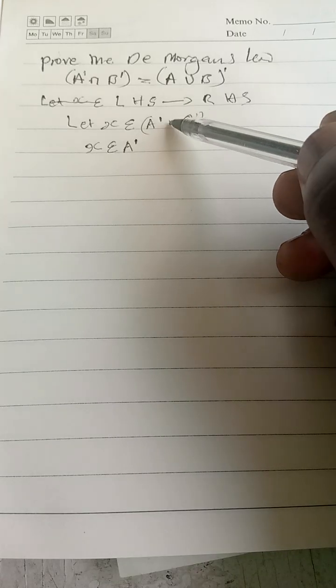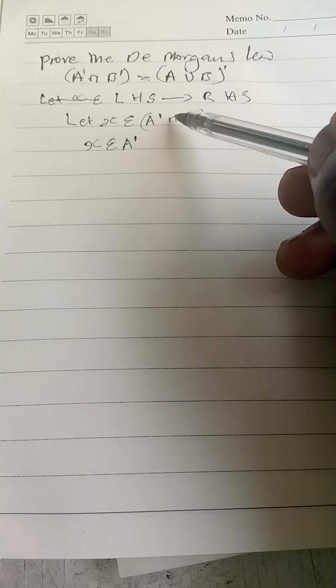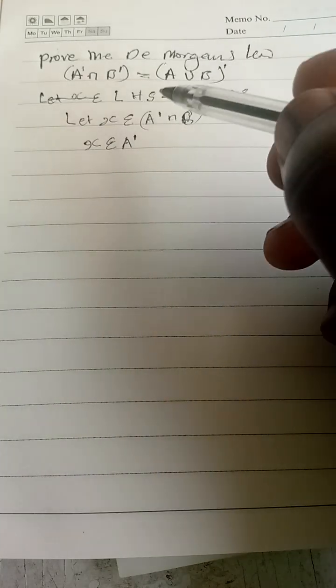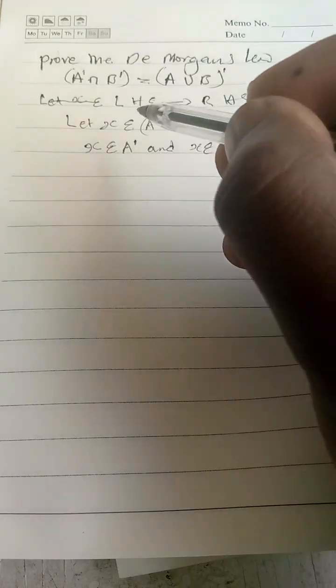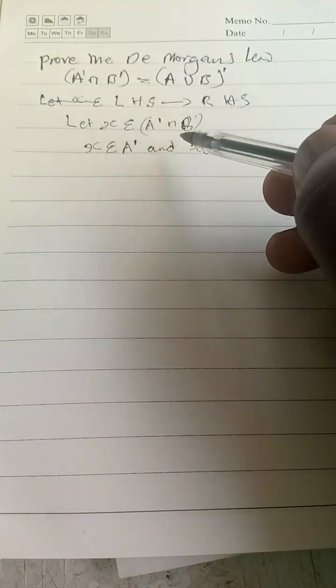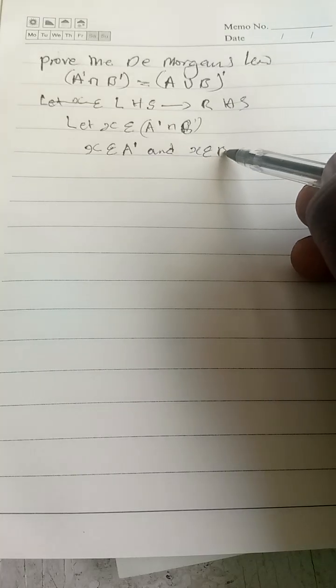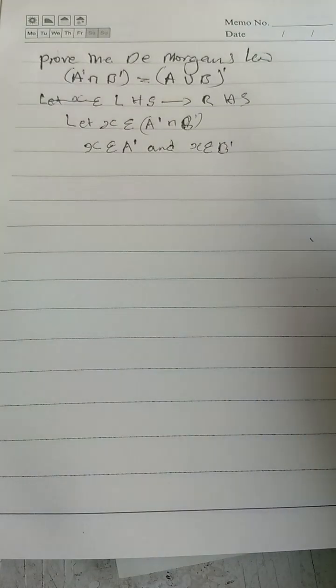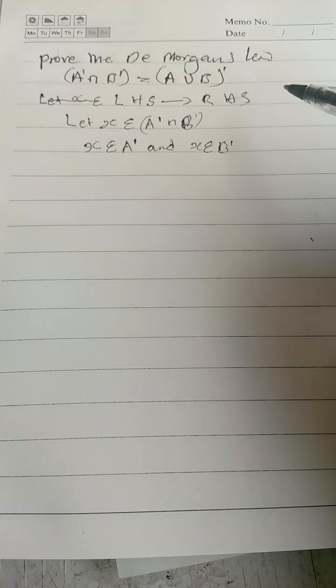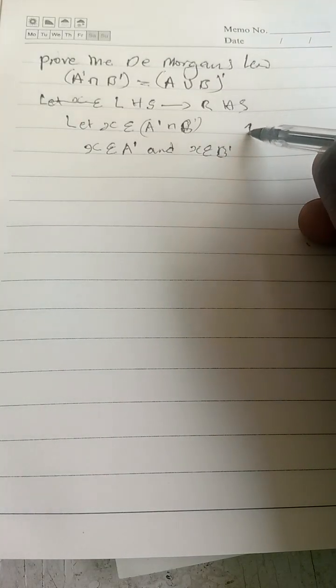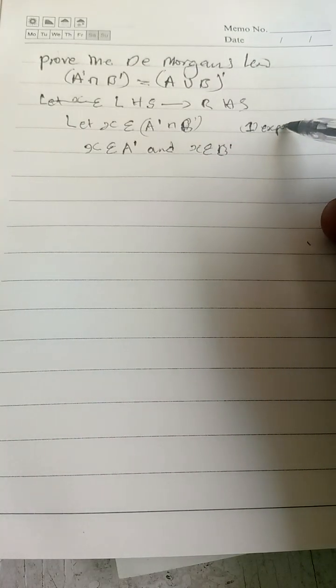So when you remove the n inside the brackets, it becomes and. Then x is a member, and since we're expanding, we need to write for both: x is a member of A complement and x is a member of B complement.